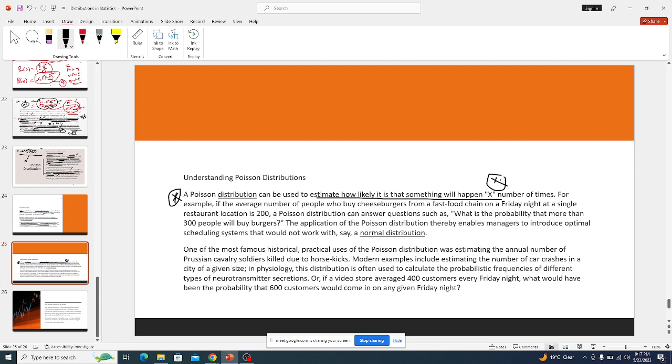One question we can answer is the probability that more than 200 people, or more than 300 people, will come to buy burgers next Friday.